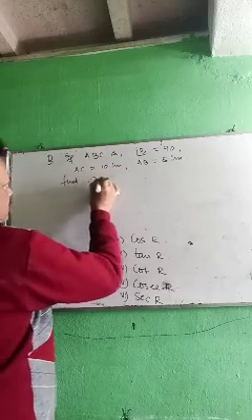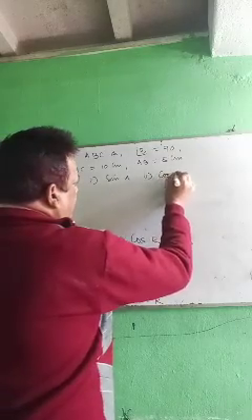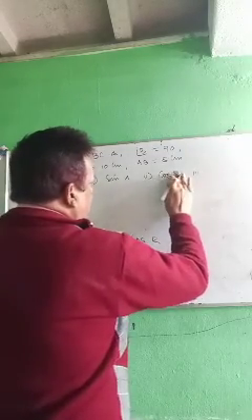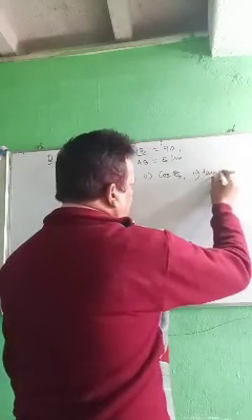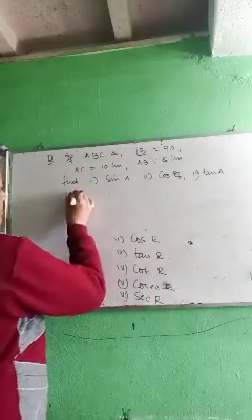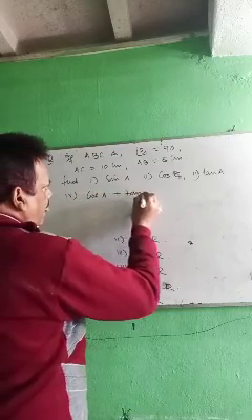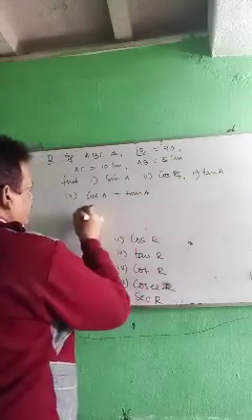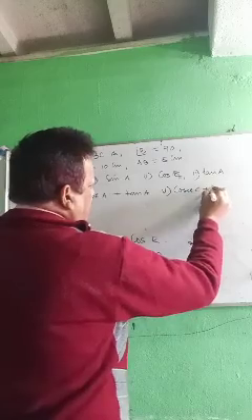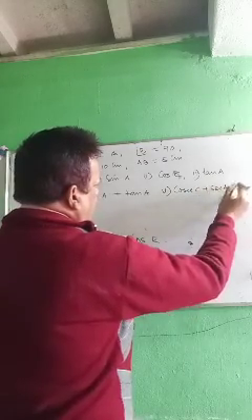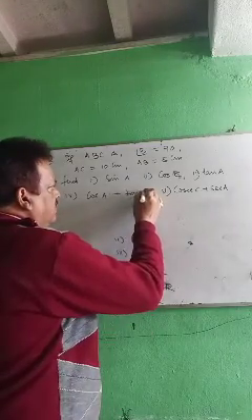Find sin A, cos B, sorry, cos C, tan A, cot A plus tan A, cosec C plus sec A, cot A plus tan B, so tan C.